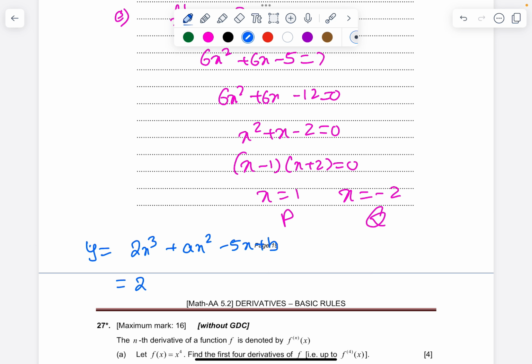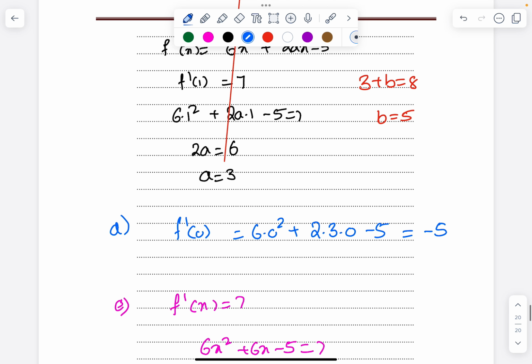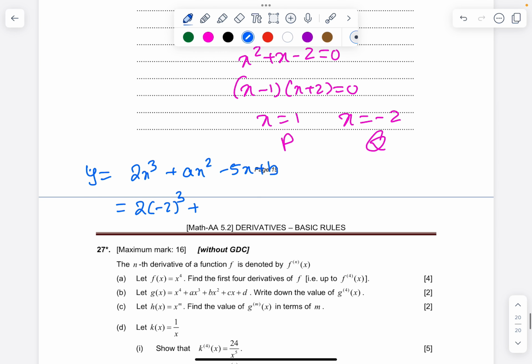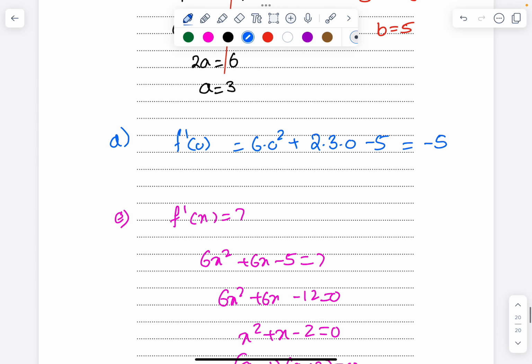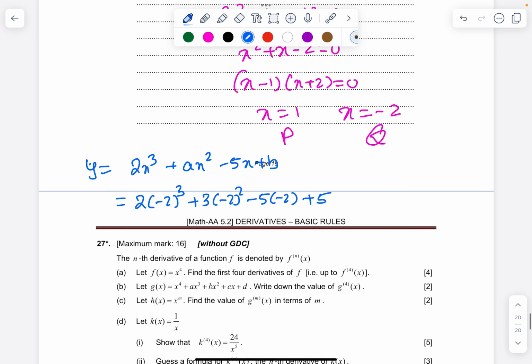Plug in negative 2 there. 2 times negative 2 whole cube plus, what was a? a is 3, so 3 times negative 2 squared, minus 5 times negative 2, plus b. What was b? b value was 5. That's going to be negative 16 plus 12 plus 10 plus 5. So minus 4, 6, 11. So it's going to be 11. So Q is negative 2, 11.